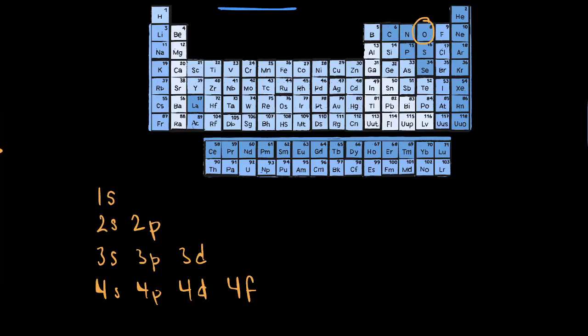This is going to be a neutral oxygen atom. We'll explain how we find the electron configuration for ions a bit later in the video. But looking at our atomic number, which is 8 for oxygen, we know that a neutral oxygen atom will have 8 electrons. So let's keep that in mind.